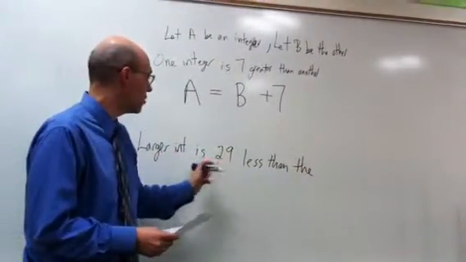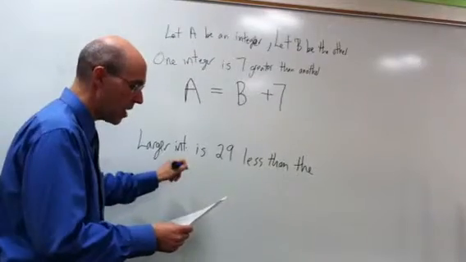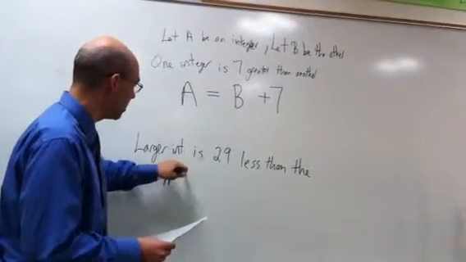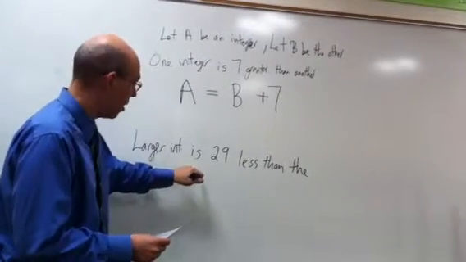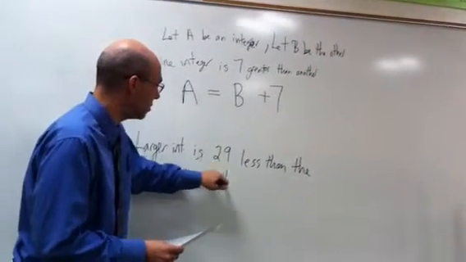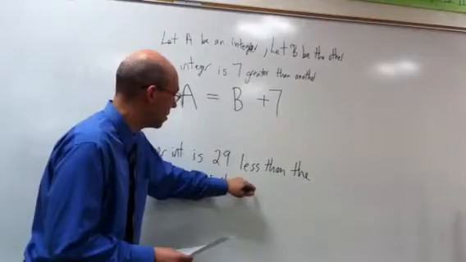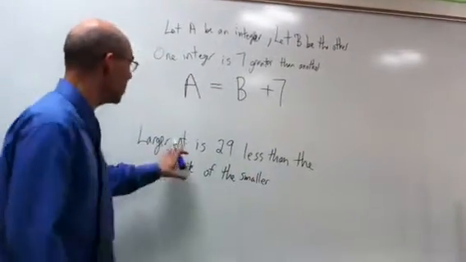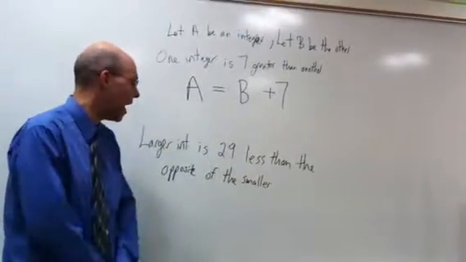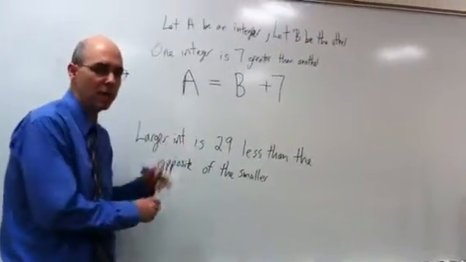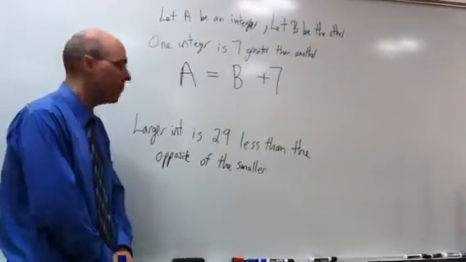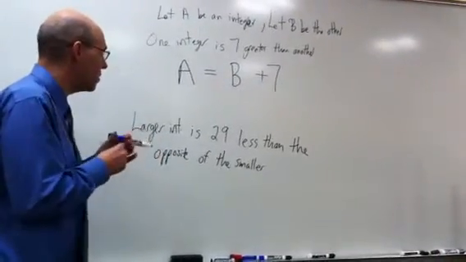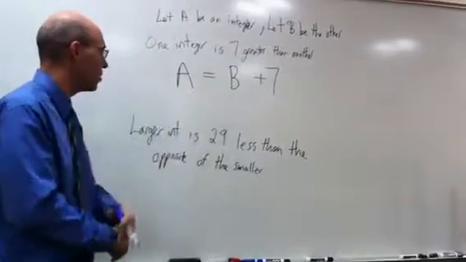The larger integer is 29 less than the opposite of the smaller. Let's see if we can make sense of that. So the larger integer is 29 less than the opposite of the smaller. That sounds like a lot, but let's see if we can't kind of condense that into math. It's going to look nice and pretty when we're done with it.